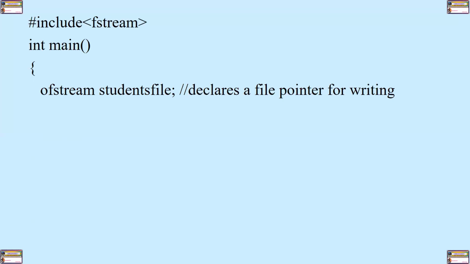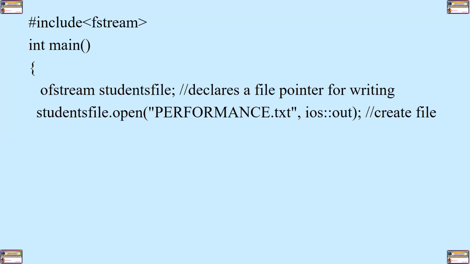So in this case, we can have ours being ofstream studentsfile. Ofstream is a reserved word, and usually we use it when we want to declare a file pointer for writing purposes. And then once we have our file pointer in place, like studentsfile, then we can open our file called performance.